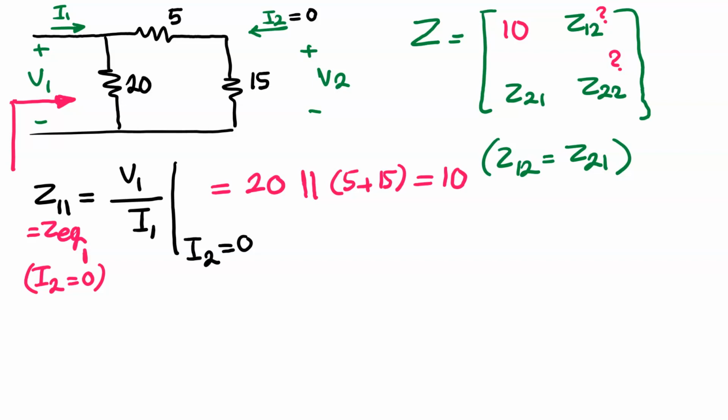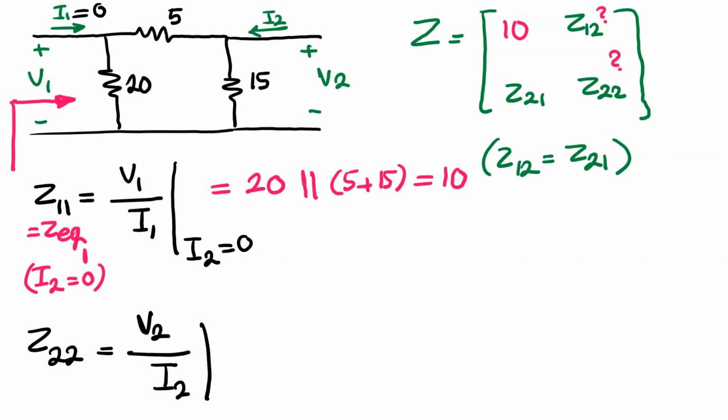The next one that I'm going to solve is Z22, which is easier. So now I'm going to go back to my original circuit again. And this time, I'm assuming that I1 is equal to 0. So Z22, which is V2 over I2, let's assume that I1 is equal to 0. So if I1 is equal to 0, it means that I don't have any current in terminal 1. And this time I'm looking at Z equivalent from my output terminal.